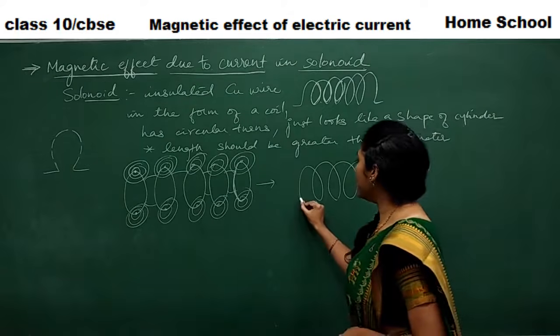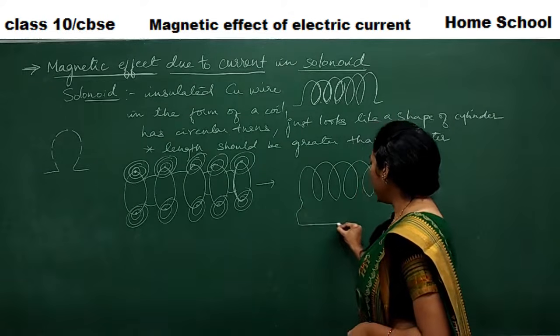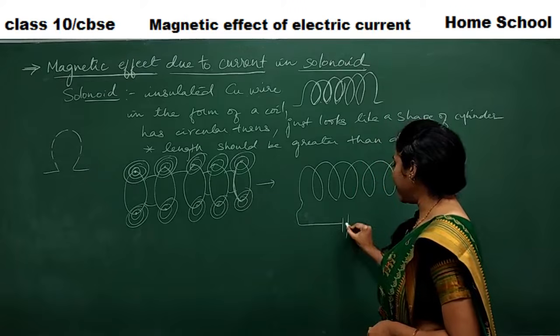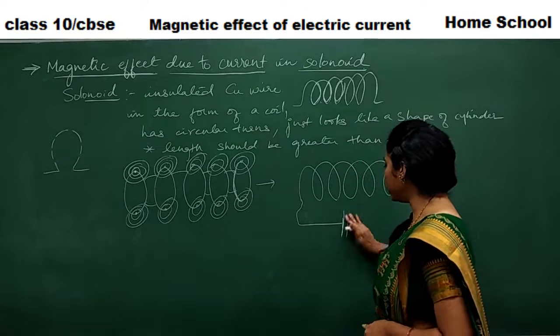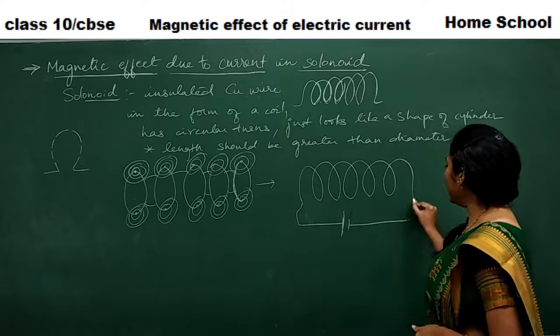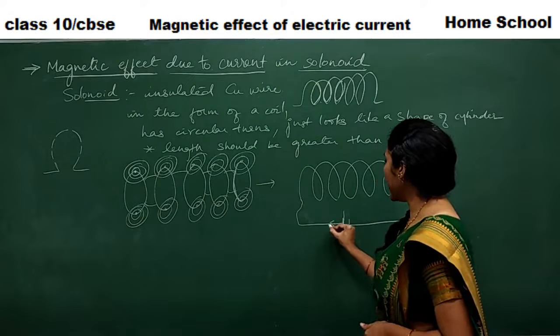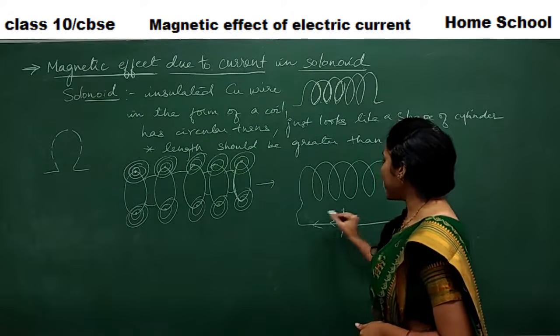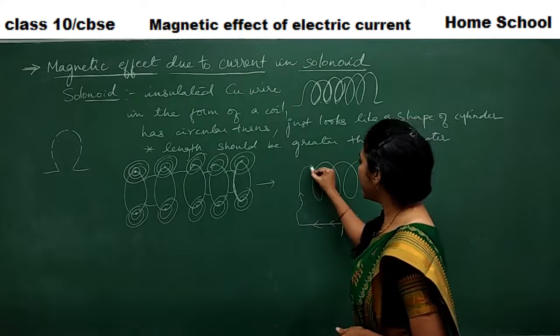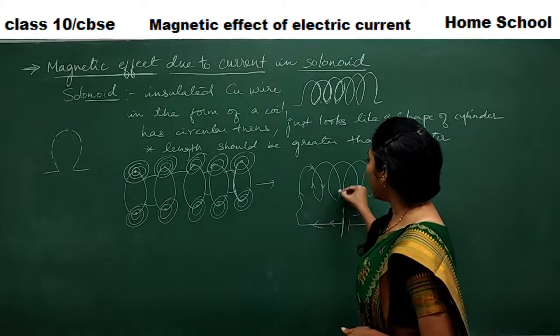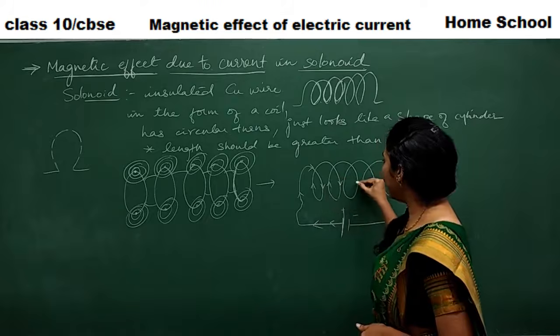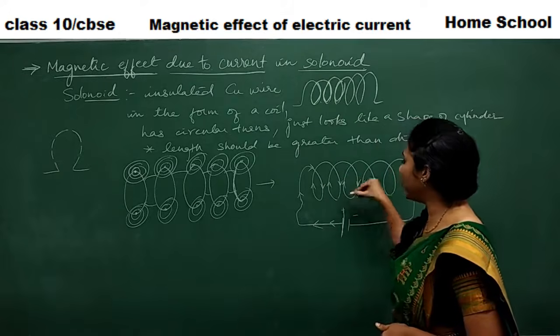That particular solenoid, when I connect it to a battery, current will flow from the positive side to the negative side, right? So in this direction our current is moving.